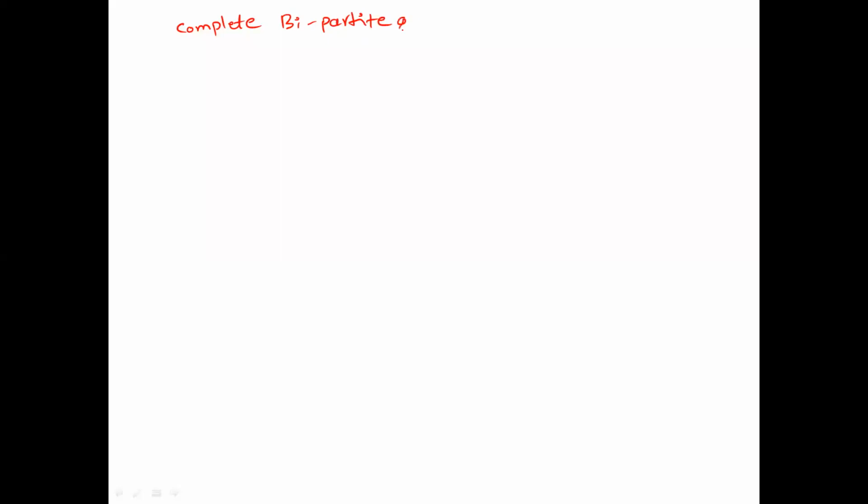We represent this with K m, comma n. In this case, bipartite means, for example, you take K2,3.